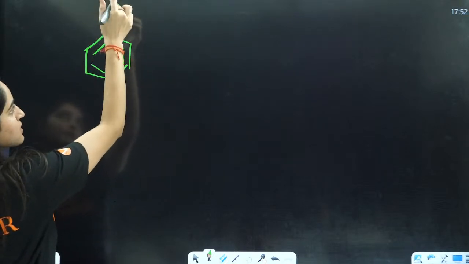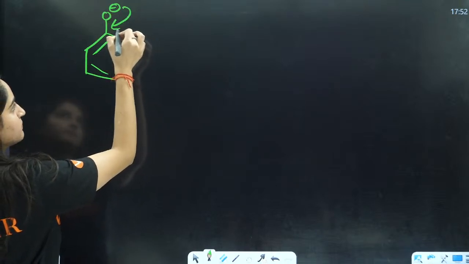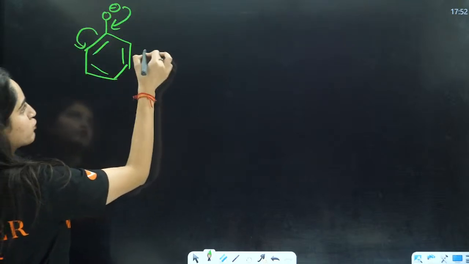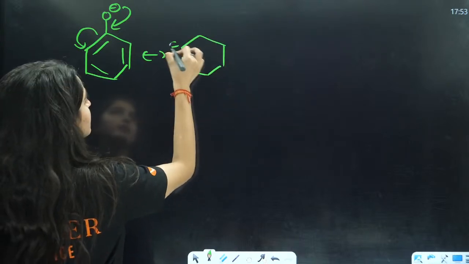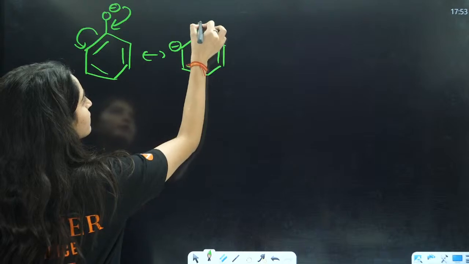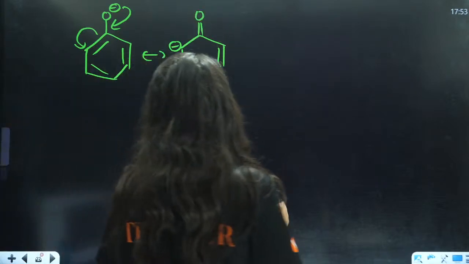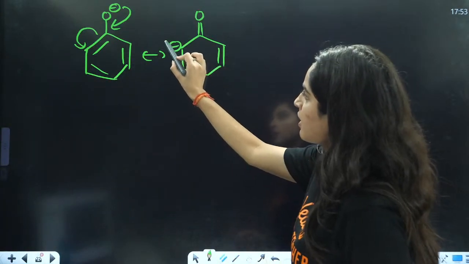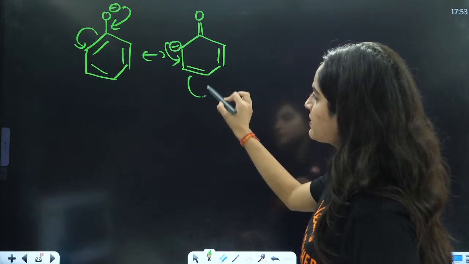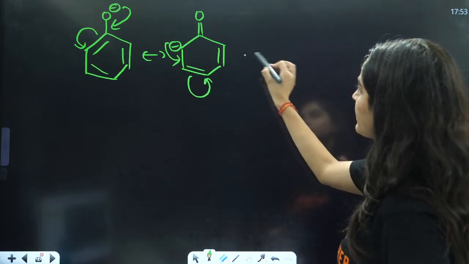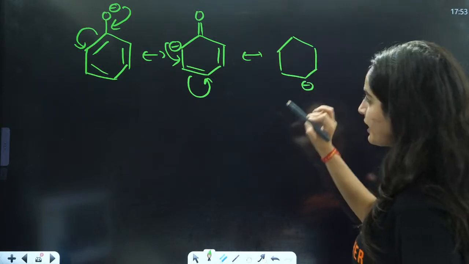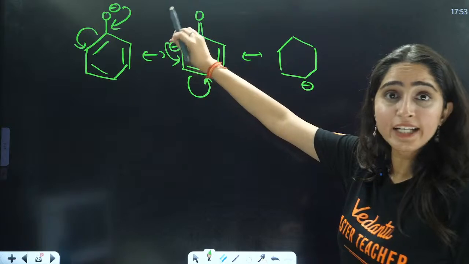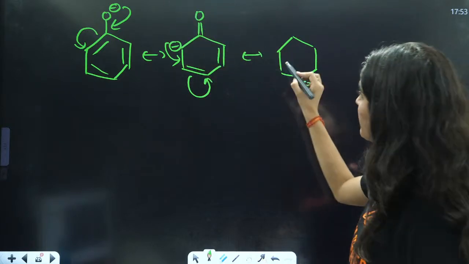As we can say, this is negative. It will donate the electron here, and the electrons are going to jump here, right? Hence, you will have the formation of this double bond, and this is double bond O. Then this electron will jump here, and this double bond will jump here, and hence you will have the formation of a negative over here, and the negative charge is getting converted to a double bond, right?